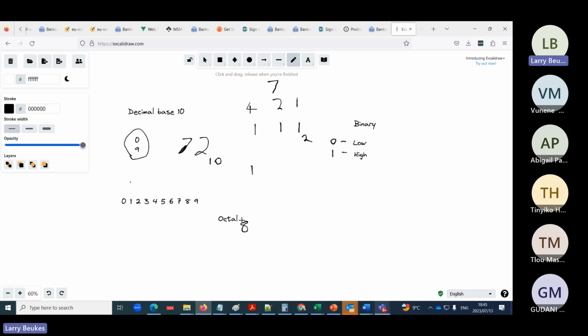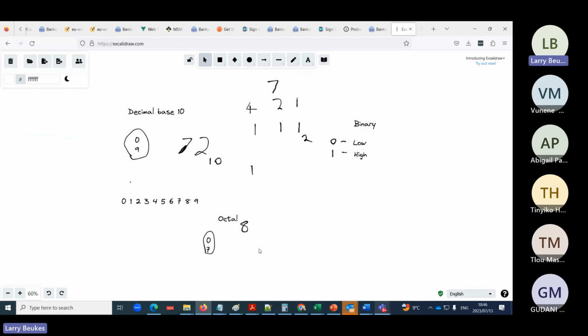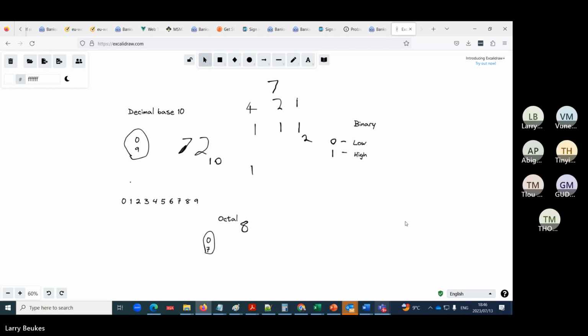So now we know what a base means: there are 8 possibilities. Here it was 0 to 9, so octal is going to be 0 to 7, right? It works with numbers between 0 and 7.